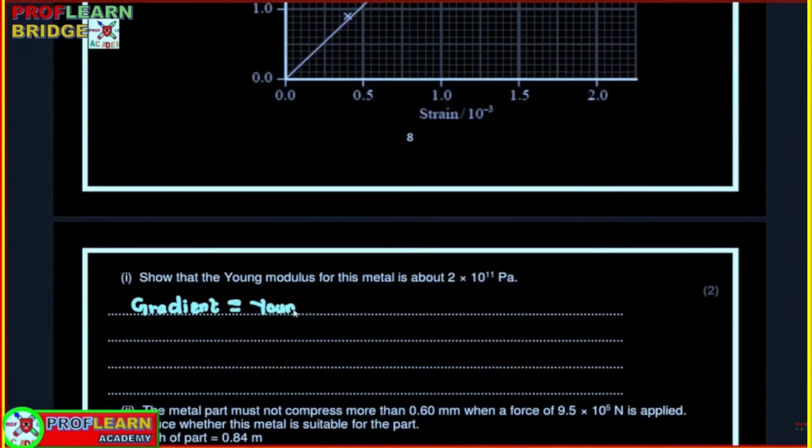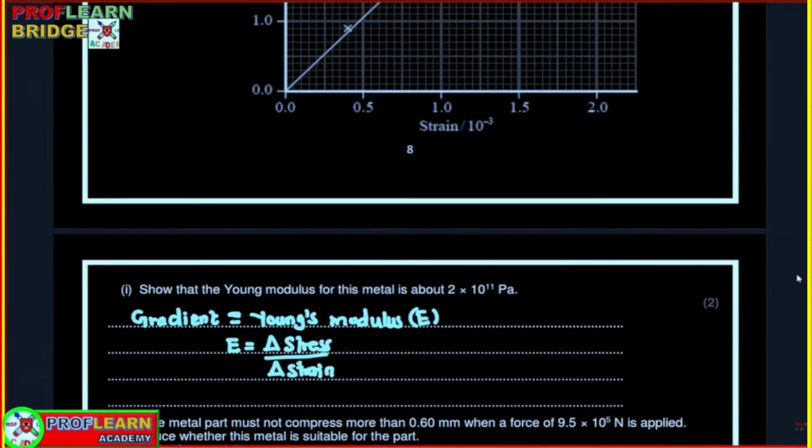So we're going to say the gradient of the straight section of the stress strain graph is going to give us the Young's modulus. So we can say change in stress over change in strain is going to give us the Young's modulus.